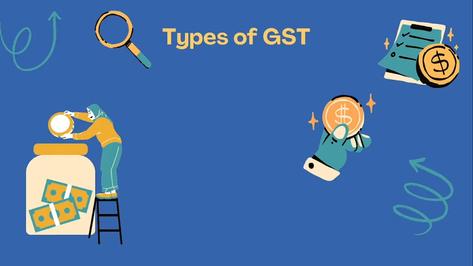Now let's discuss types of GST in India. The first is CGST, which is known as Central Goods and Service Tax. CGST is collected by the central government and is applied on intra-state transactions, that is, when goods or services are supplied within the same state along with SGST or UTGST.